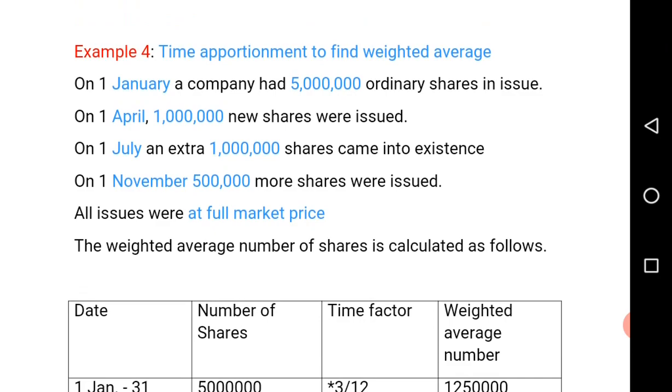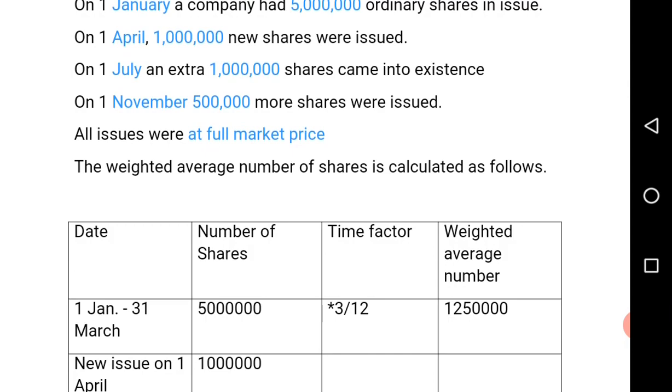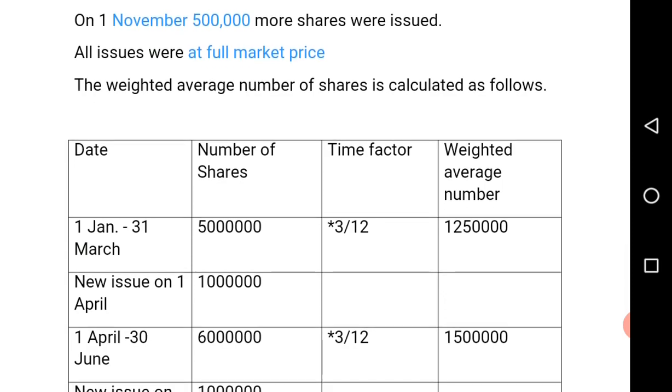Now we are looking for the period when our number of shares was 5 million. So it started from January to March 31st, before 1st of April when new shares were issued. So for the period of those 3 months, our number of shares was 5 million according to this table and the question here. So we have the time factor here, 3 months divided by 12 months, that's 3 over 12 times 5 million. We have 1.25 million, 1,250,000.